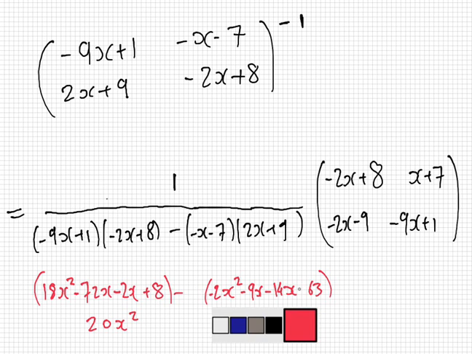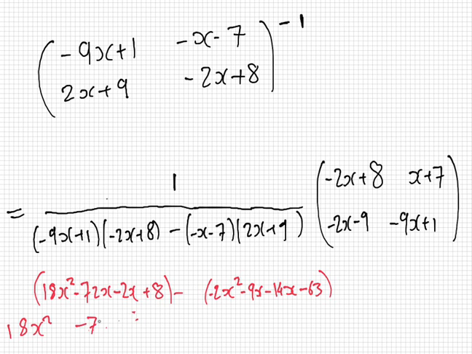I don't think I can do this all in my head, so I'll write it out. I get 18x squared minus 74x plus 8 plus 2x squared, and then with a minus it's plus 23x plus 63.